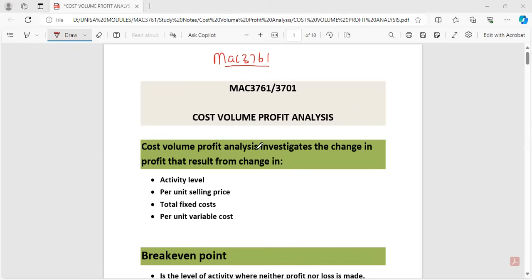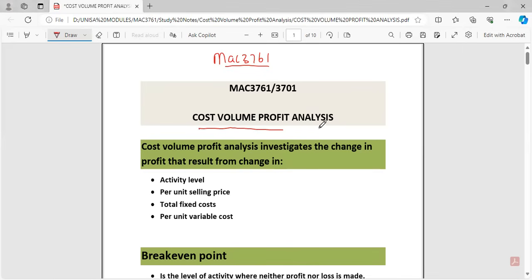Okay, so let's look at cost volume profit analysis. Cost volume profit analysis is used for decision making. That's why we only focus on variable cost when calculating cost volume profit analysis.